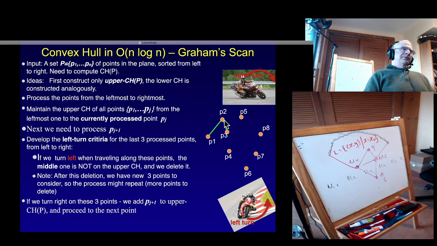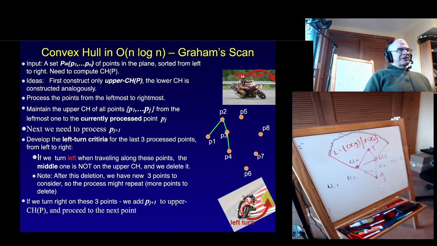Let's continue. Next to be inserted is P4. When I'm adding P4, I'm also on my way from P2 to P3 to P4. I'm also turning to the right, but more gently in this case. So as much as I know, P3 is in the upper convex hull as well.